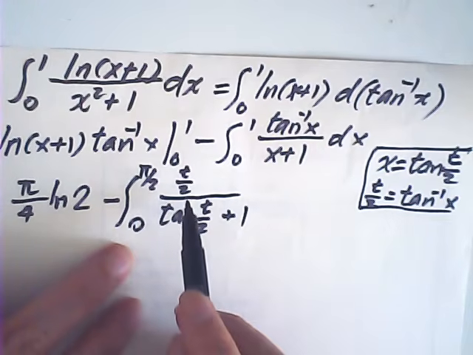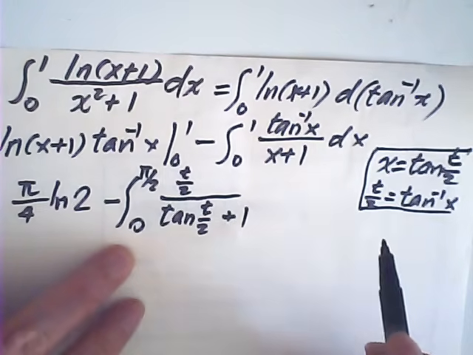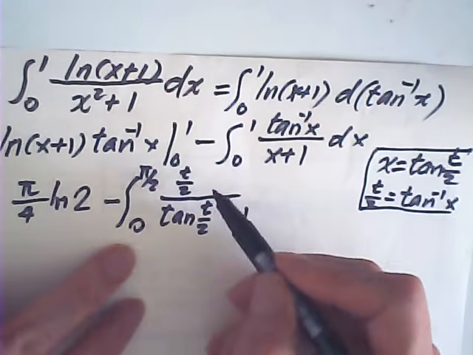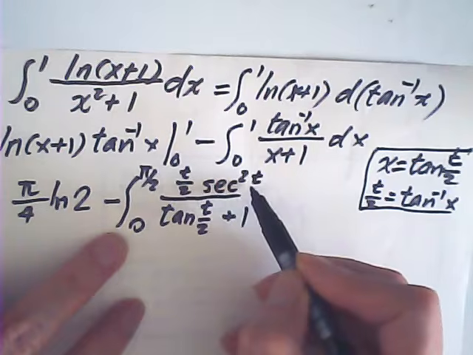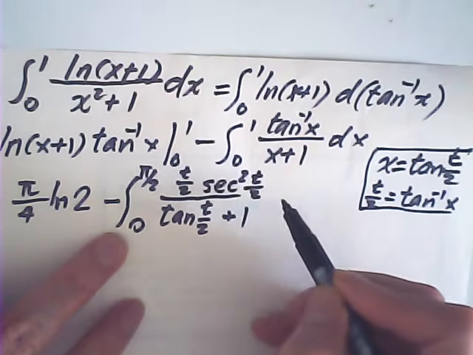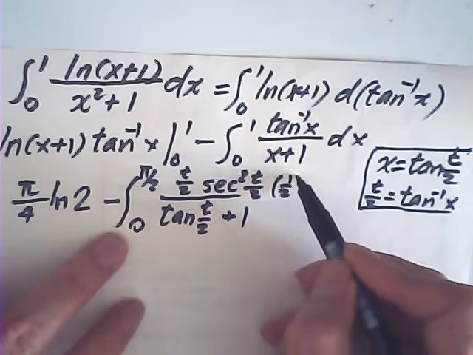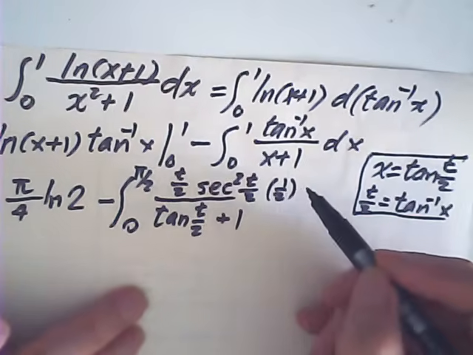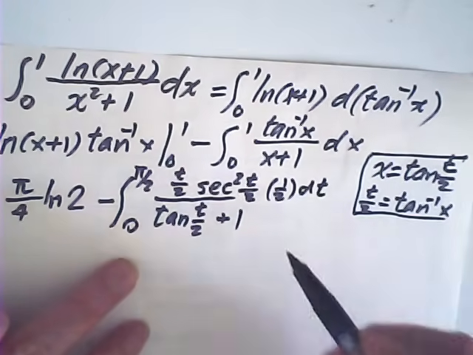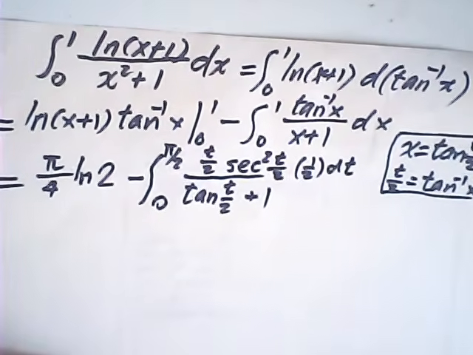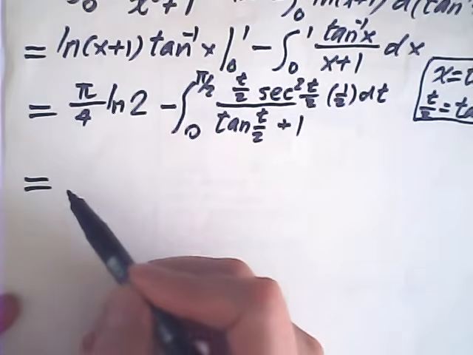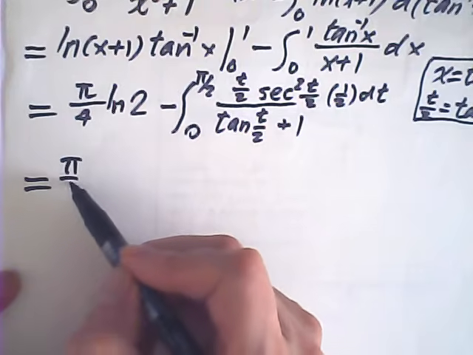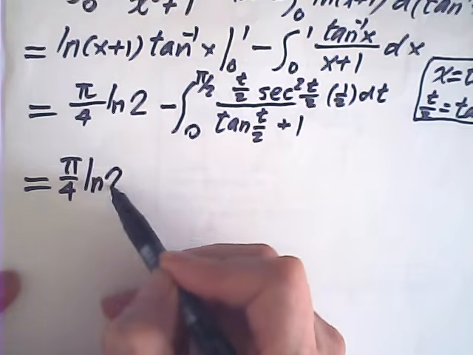This is arctangent x. dx will be what? dx will be secant squared half t times half, the chain rule, right? Times dt. Okay, good. I have to work carefully. Okay, so this is pi over 4 log 2.